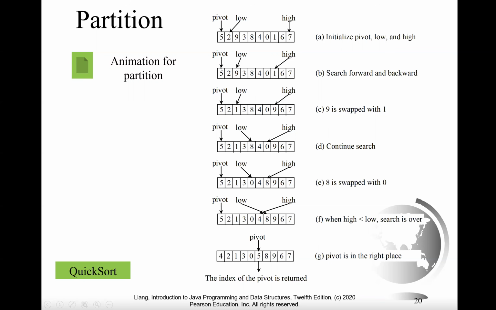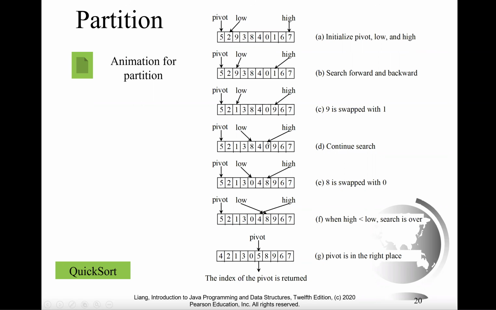So high is here, and compare it with the pivot. 7 is greater than 5, so move high to the next, and 1 is less than 5. All right, stay right here. Swap 1 with 9, and then continue the same thing: go with low to find the next number greater than the pivot, and then high to find the next number less than the pivot.